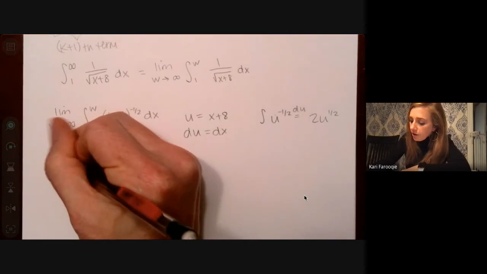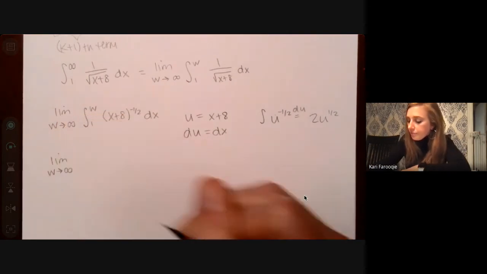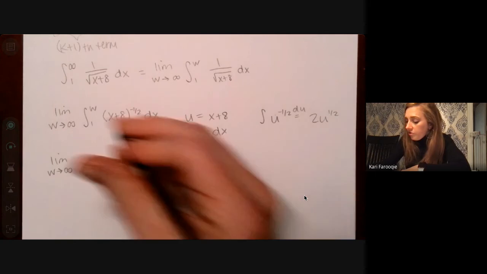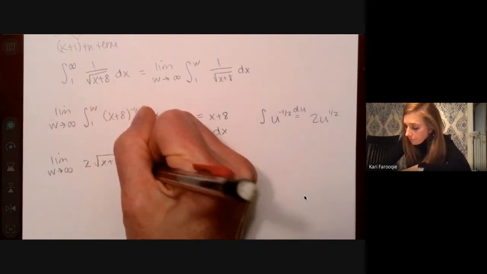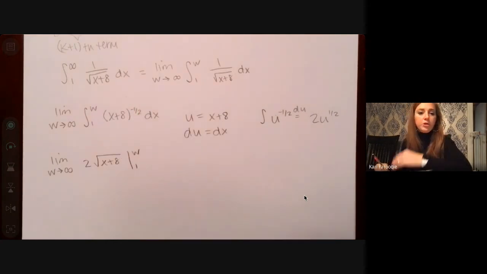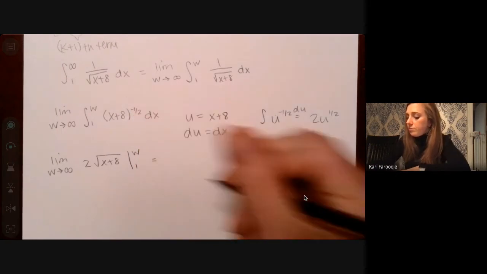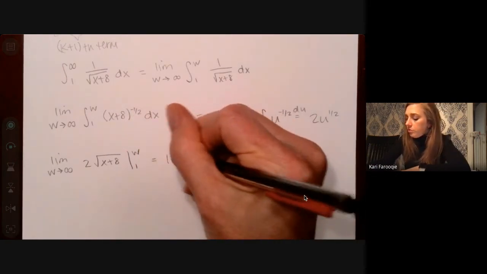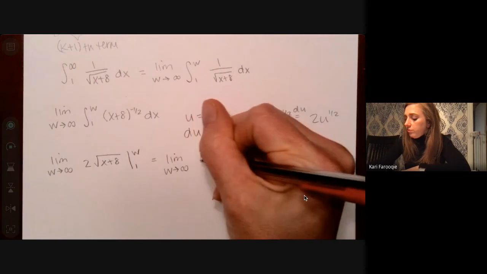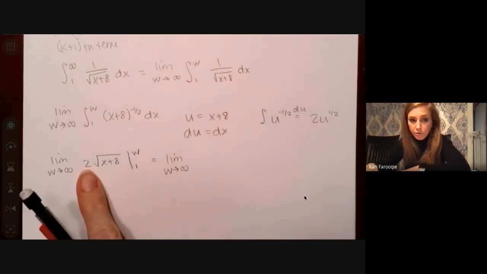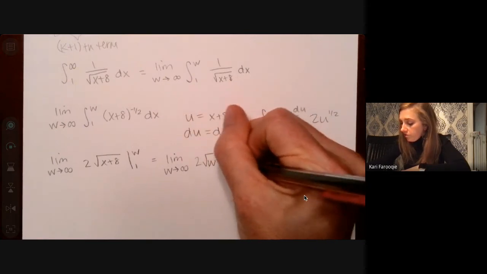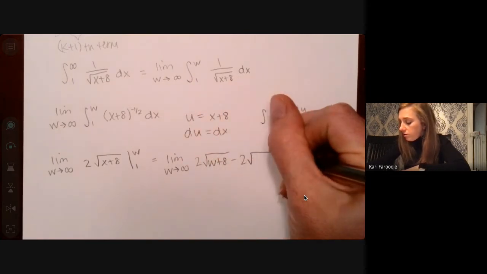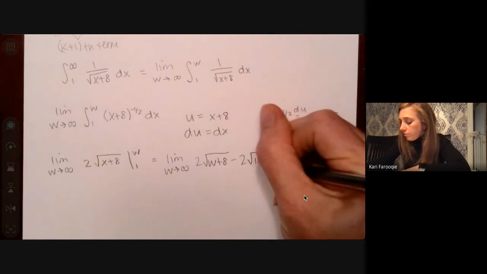So let's go ahead and fill that in. All right, so we said this was 2u to the 1/2. And then we'll evaluate that from 1 to w. And this will be the limit as w approaches infinity. If you'd like, you can pull this 2 in front of your limit, up to you. 2 times the square root of w plus 8 minus twice the square root of 1 plus 8.